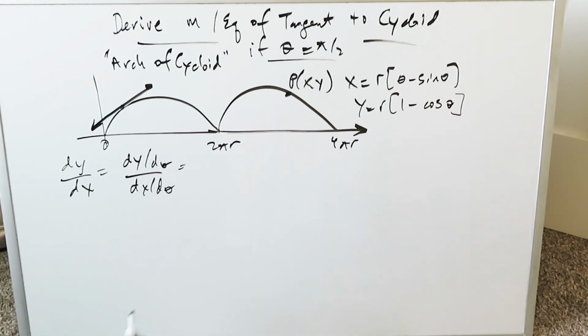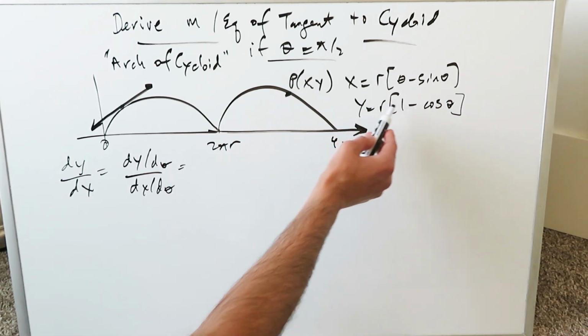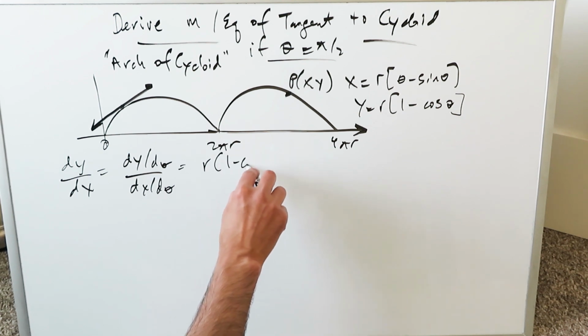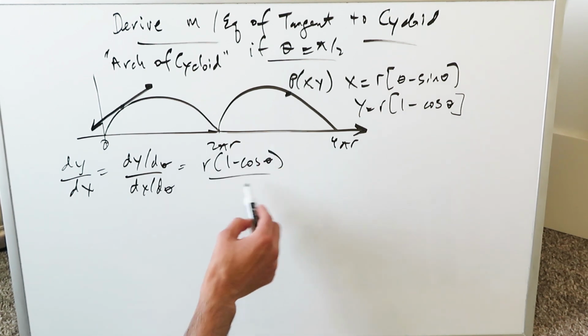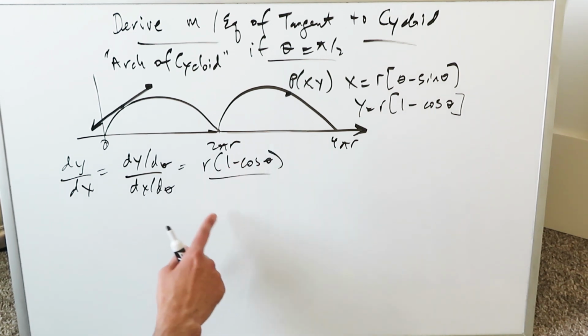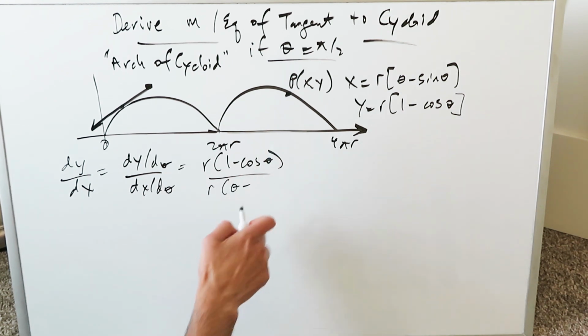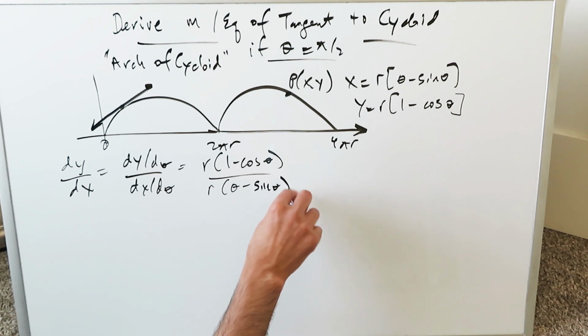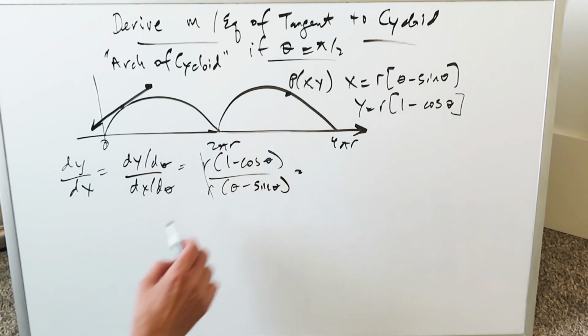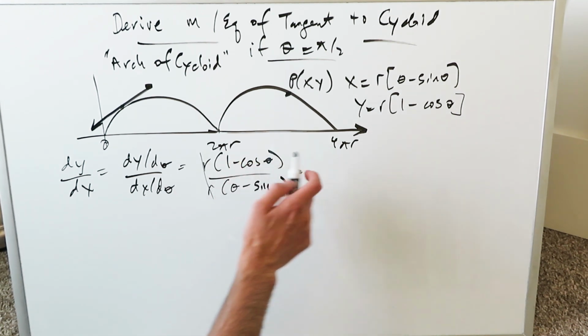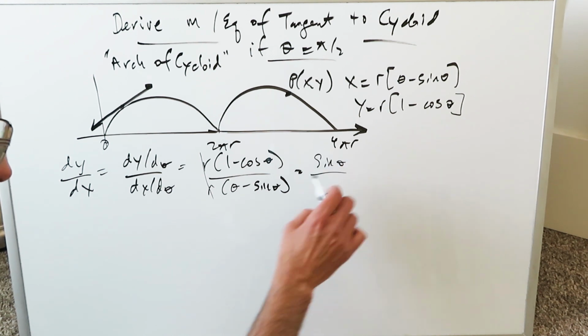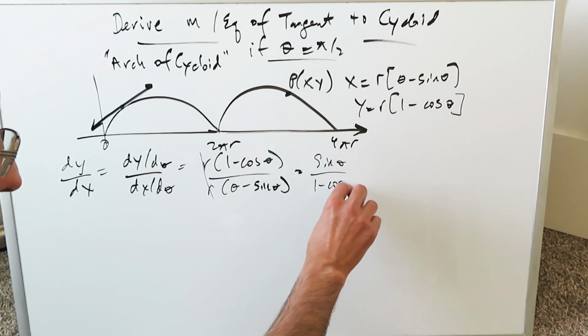You're going to look at the derivative of your y equation, which is r times (1 minus cosine theta). Here I'm just making the framework. This is divided by the derivative of the x equation, which is r times (theta minus sine theta). When you do the derivative of the top, the r's can cancel out, and you're really looking at a sine theta on top and 1 minus cosine theta on the bottom.